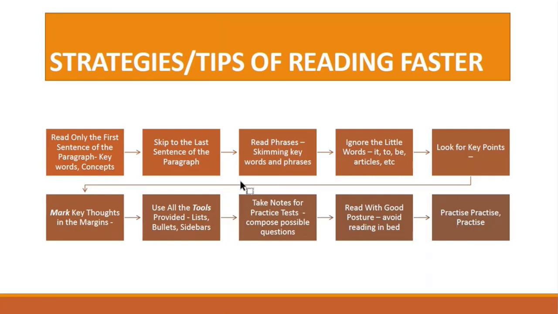So these are the things that you need to unteach yourself. You must unlearn those things, because it's not a good strategy. When you are reading, you should take notes. You should make yourself know, okay, here I'm marking, it looks like this is the main idea. And after that, whatever notes you have taken, you need to practice them.